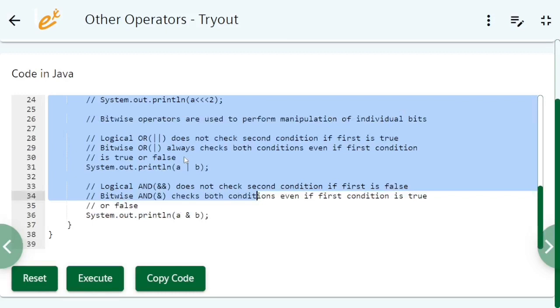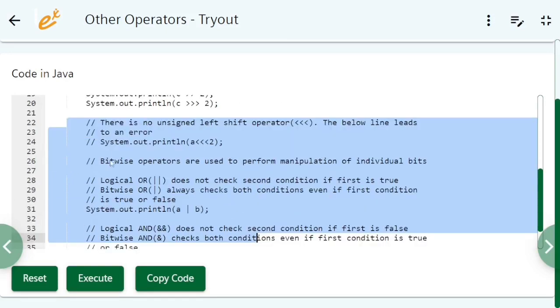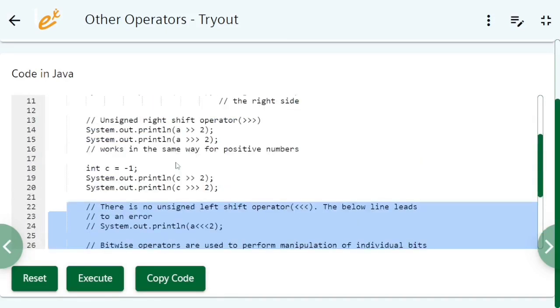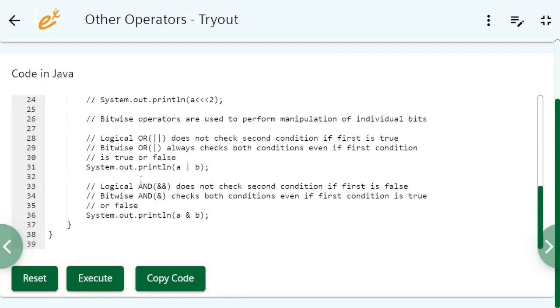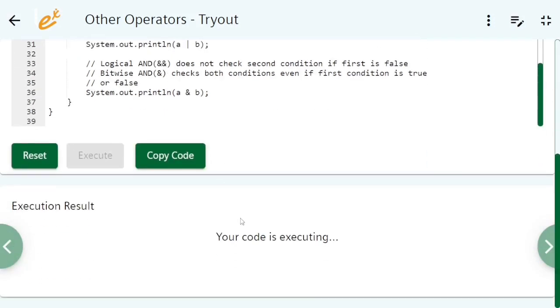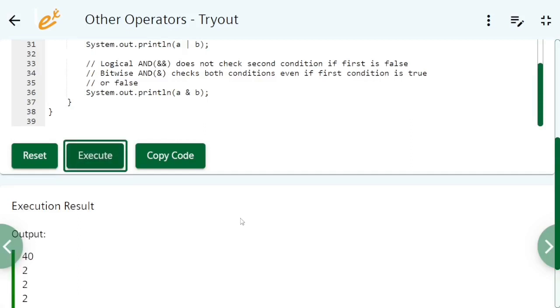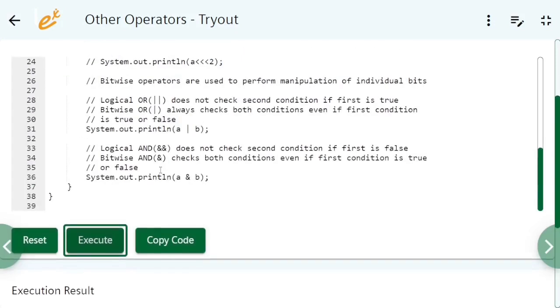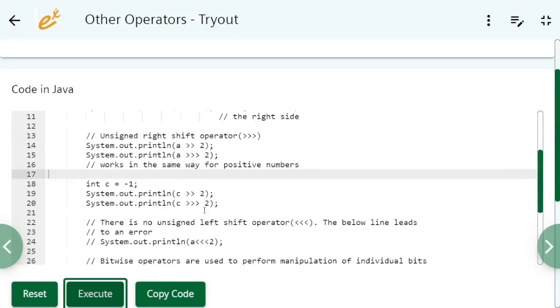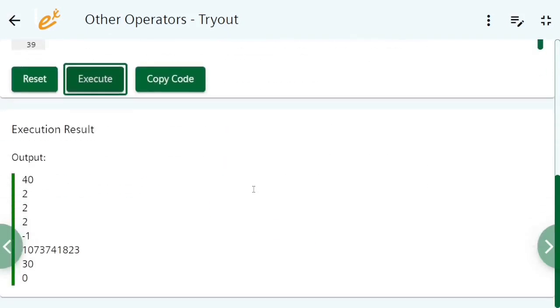These lines are just comments, so you can understand it, right? So I'll execute it for you, and let's see what is the output that we are getting here. So see, we have got an output also. So you can just copy this code and run it in your system and observe how you are getting these outputs.